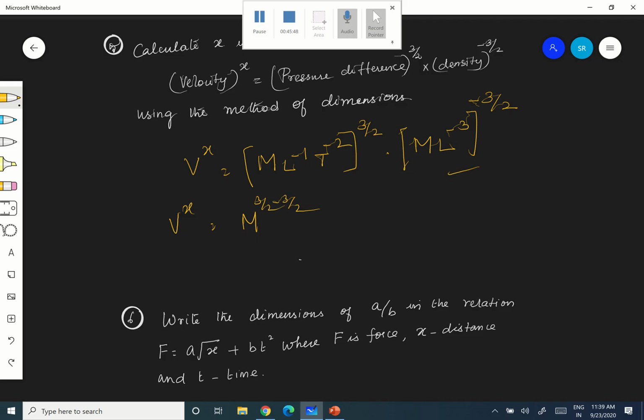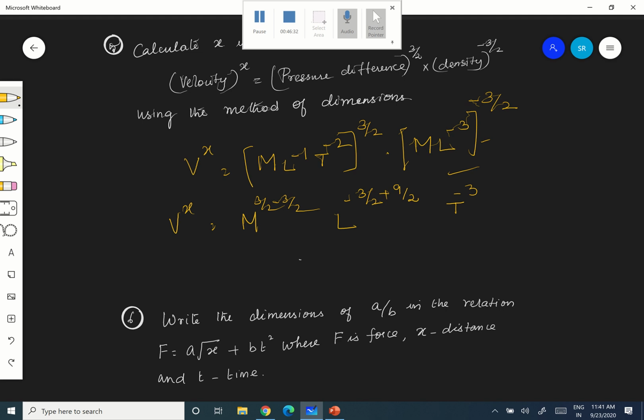Then L power minus 3 by 2 here, and plus 9 by 2 from the pressure term. Then T power: minus 2 into 3 by 2, minus 3, so T power minus 3.